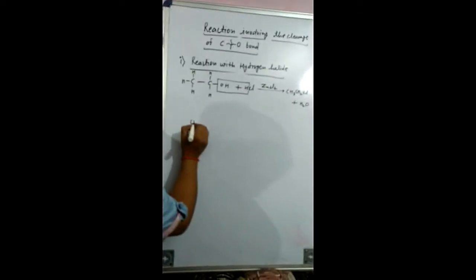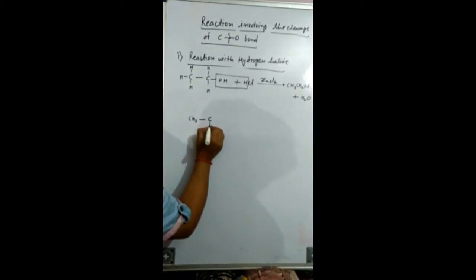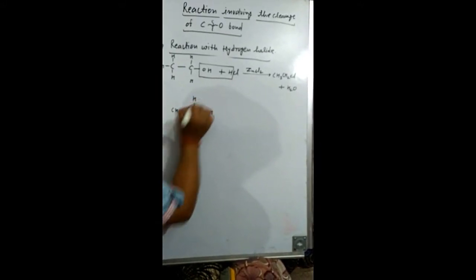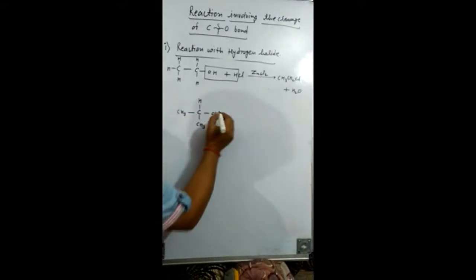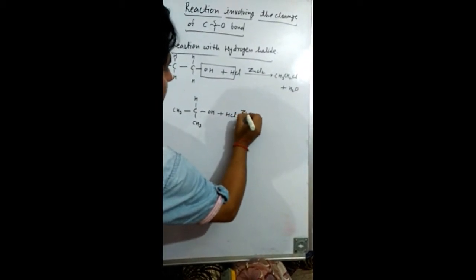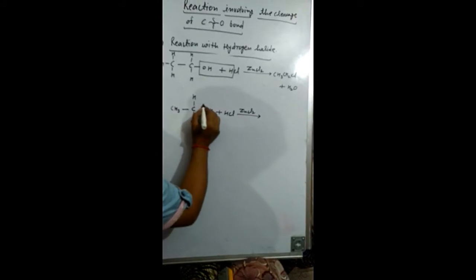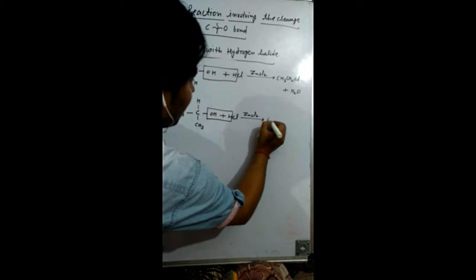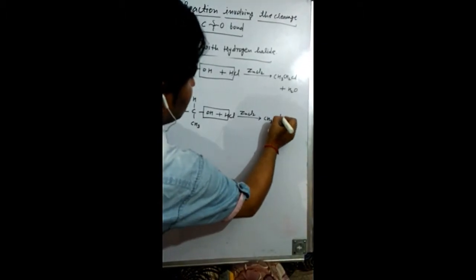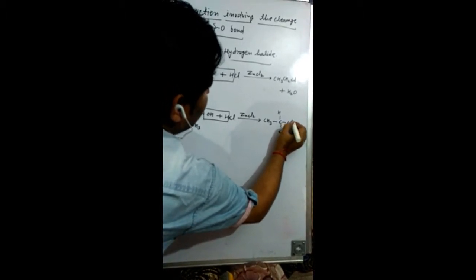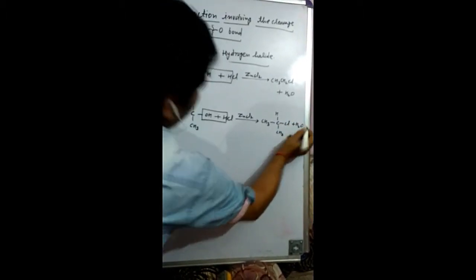Suppose I have taken a secondary alcohol. So the secondary alcohol is CH3 single bond CH, with OH, single bond CH3. This secondary alcohol reacted with HCl in the presence of ZnCl2. Then this OH reacts with H to give us H2O, and we are getting here CH3 single bond CH single bond CH3, with Cl, plus H2O.